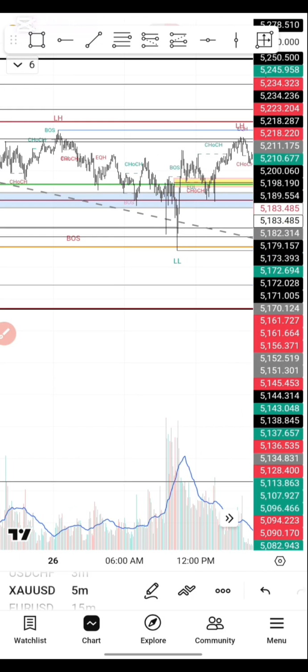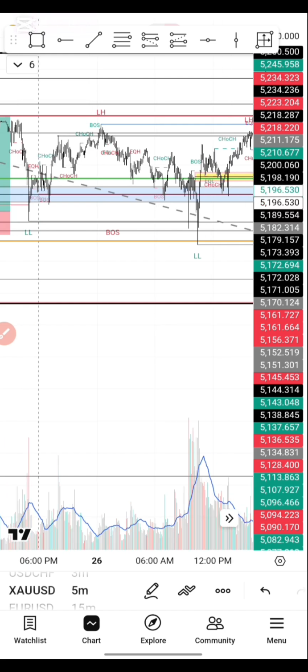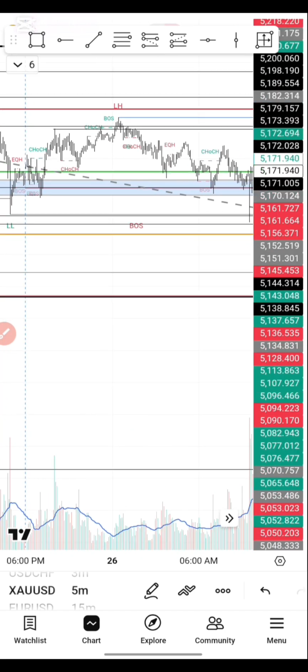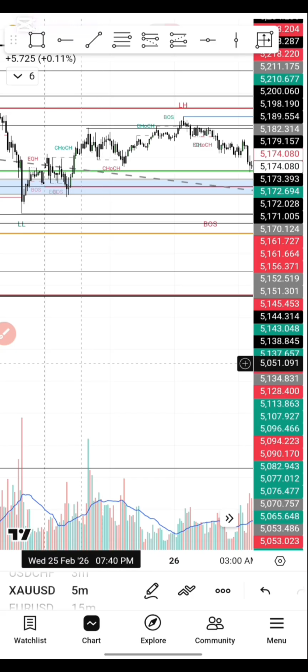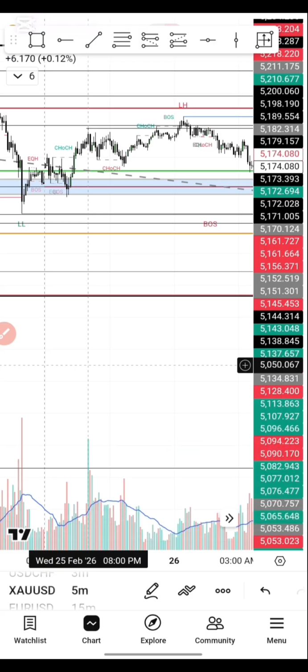Then on Wednesday, I didn't trade because the market was not looking good. It was not looking good because my 8 o'clock candle gave a strong rejection to the upside, even signaling that the trend will go down, but I didn't trust the trade, so I didn't enter a trade.